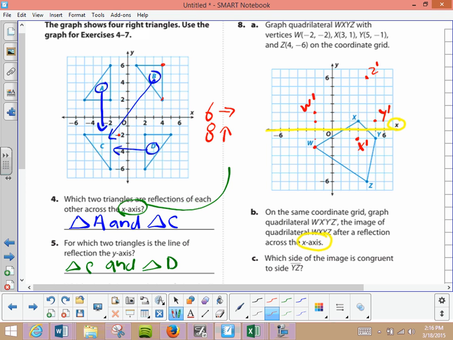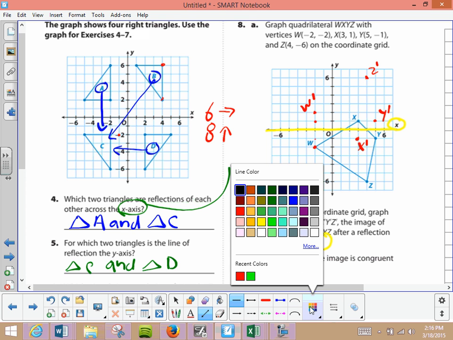That's very important. You need to understand that a shape isn't always in one quadrant. Sometimes it's in more than one quadrant. You just need to understand that you're still flipping across, no matter where it is, the same distance. So now I can go over here and I can create the new shape.